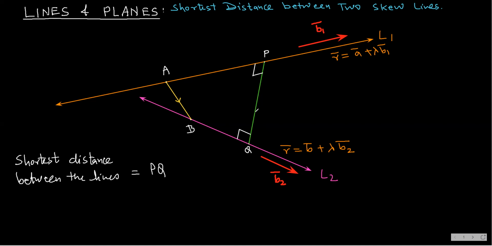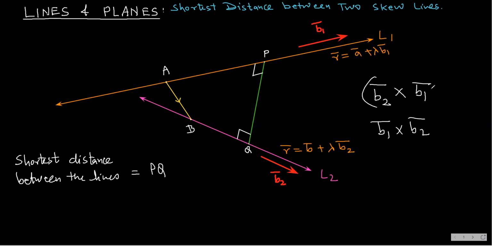Now, which vector can be parallel to PQ? That is, which vector can be perpendicular to L1 and L2 both? If I find B2 bar cross B1 bar or B1 bar cross B2 bar, that is okay.